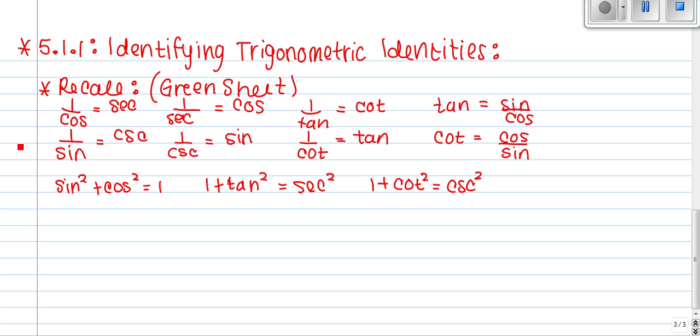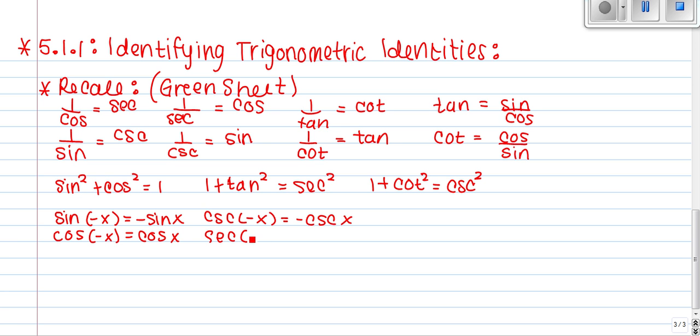And the last one are the even and odd identities, which say that sine of negative x equals negative sine x. Cosine of negative x is the same thing as cosine x. Cosecant of negative x is equal to negative cosecant x.